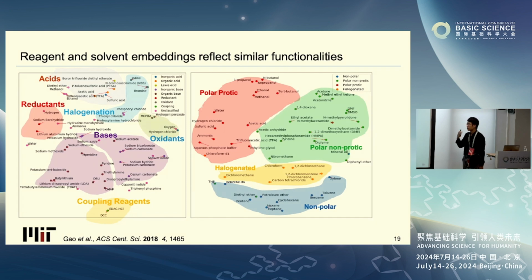We did some visualization to condense them into a lower dimensional space using the t-SNE approach. And then we manually labeled these conditions, like the reagents and solvents. We found that the clustering results from the latent embeddings match very well with the human labeling of these different types of chemicals.